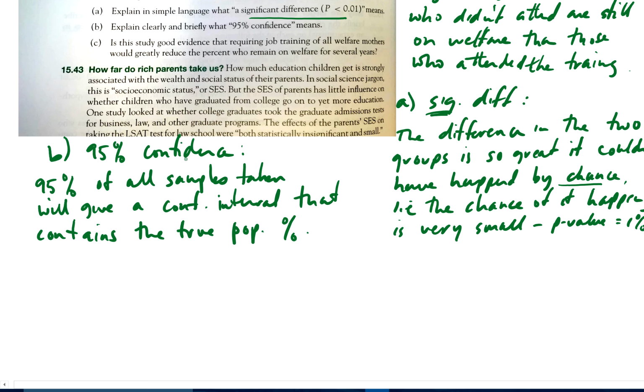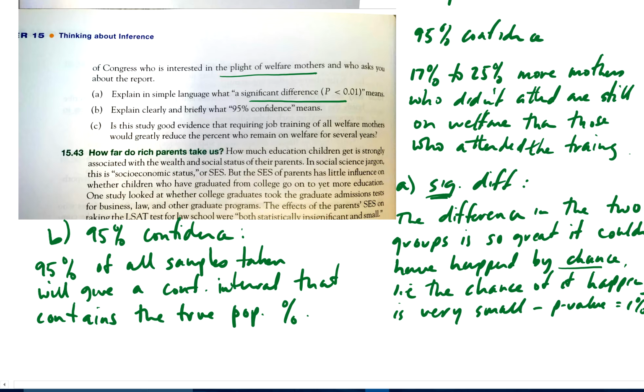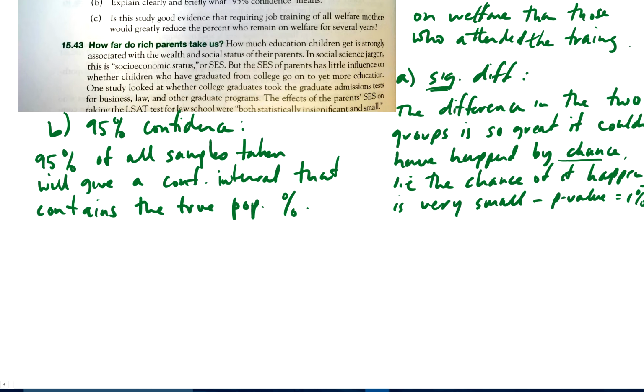So 95% confidence says, if I take samples here, I've got two samples for the two groups that we're dealing with. 95% of all my samples are going to give a good confidence interval, one that actually contains the true population percentage. So 5% of the time, my confidence interval isn't going to contain the true population proportion.